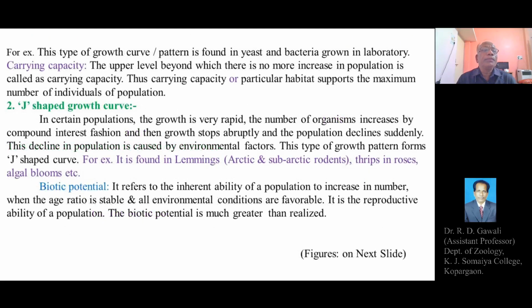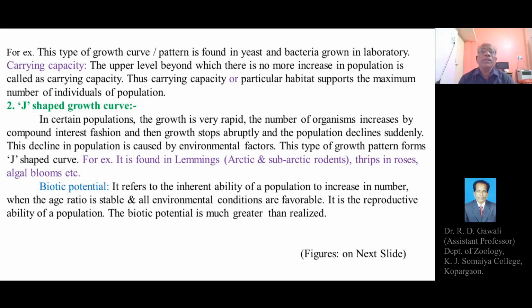For example, this type of growth curve or pattern is found in yeast and bacteria grown in a laboratory. This type of growth pattern is found in yeast and bacteria. These are the microorganisms which can be grown in a culture in a laboratory.